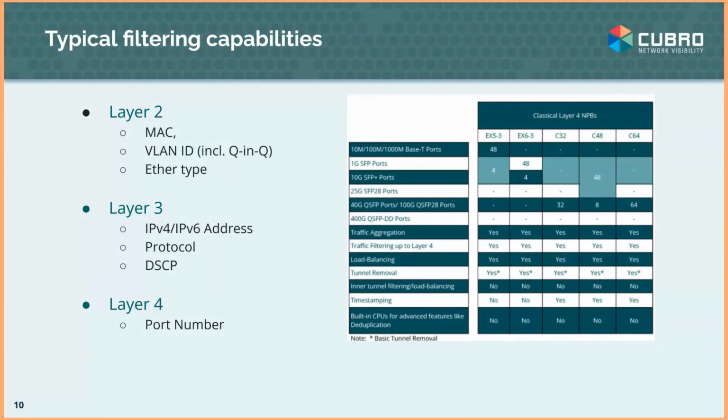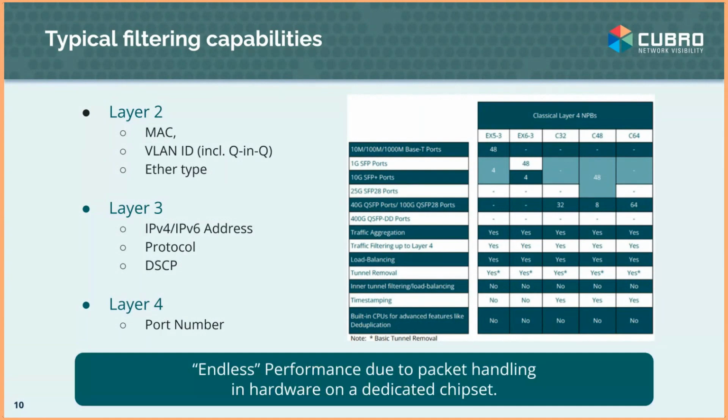Basically, they can do aggregation, filtering, and load balancing of standard IP version 4 and IP version 6 traffic. This is the mission of it. The good thing is, everything we have said so far is done in hardware on a dedicated chipset. What does that mean? It's not running on classical software with a CPU or something.